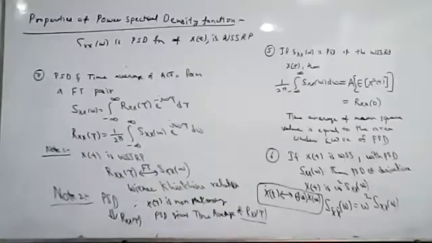So in the case of a non-stationary random process, we will be discussing the time average, whereas in the case of a stationary random process, we will be discussing the direct autocorrelation function.